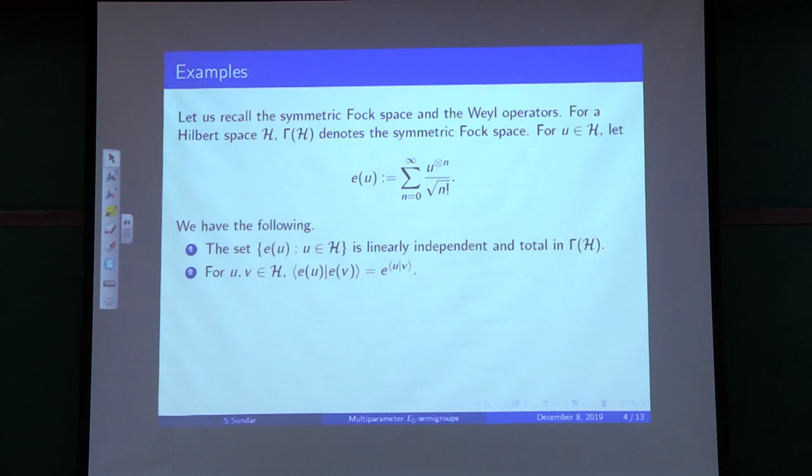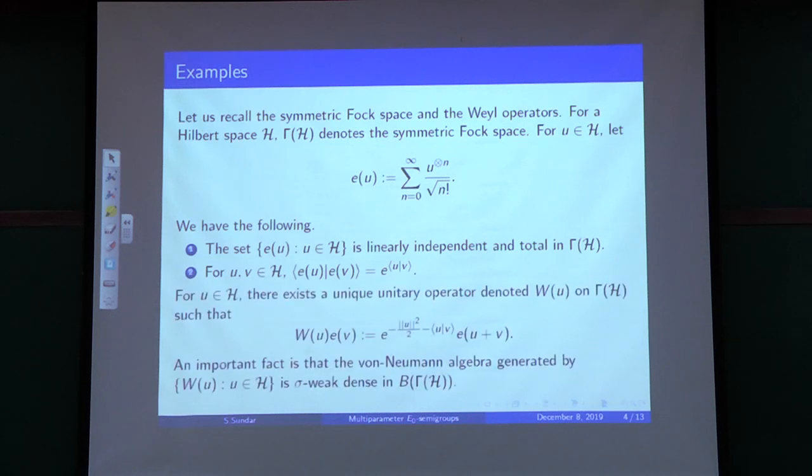And there you have the Weyl operators. For a given point u in H, you have a unitary operator W(u) on the symmetric Fock space, which translates the exponential vectors, that is e(v) goes to e(u plus v).